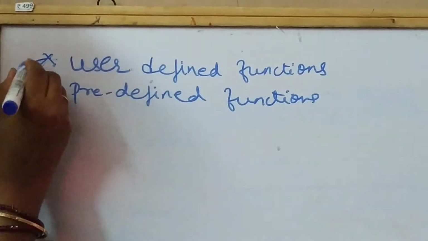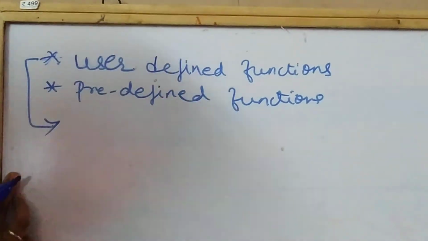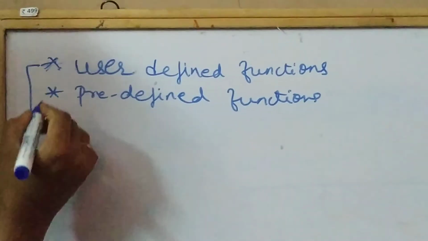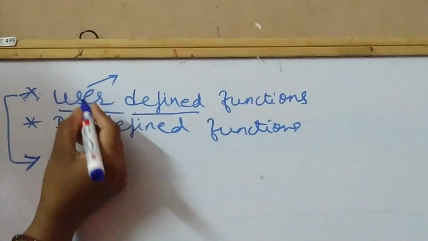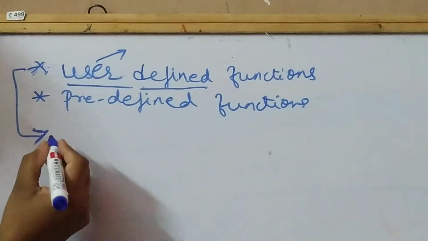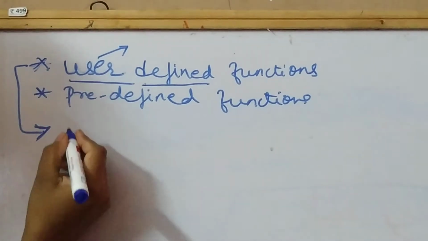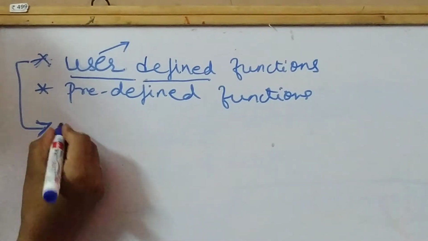First we shall see user defined functions. Here the name itself tells us: it is defined by the user who is going to create the program. So that is user defined functions.